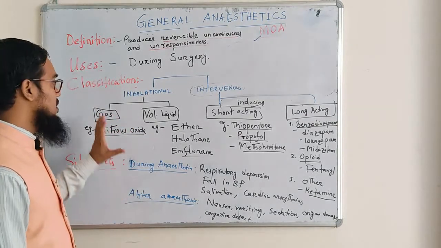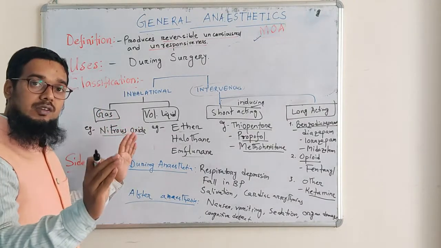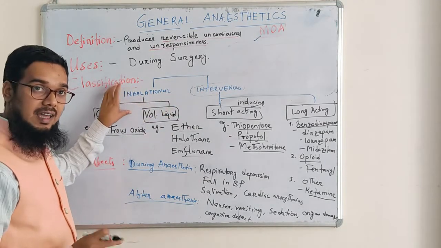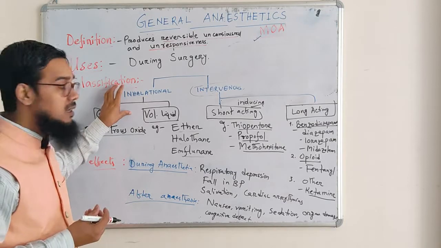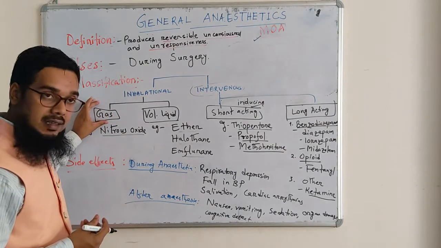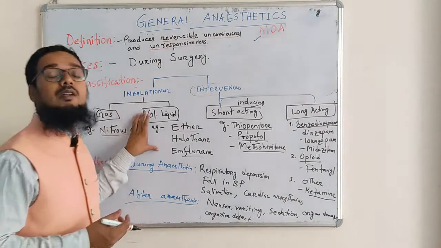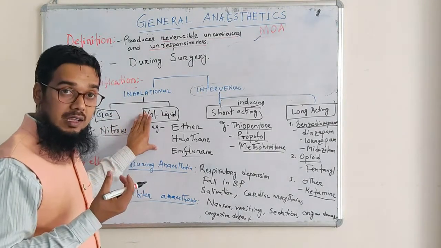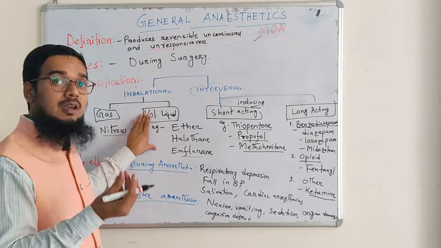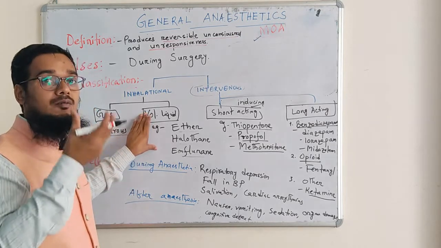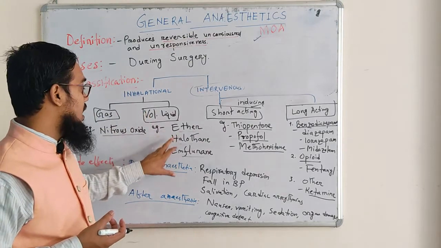Again, there are two types of general anesthetics. Inhalational anesthetics are given through the nose and are either gas, for example nitrous oxide, or volatile liquids, which remain liquid but become vapor at atmospheric pressure: ether, halothane and fluorine.